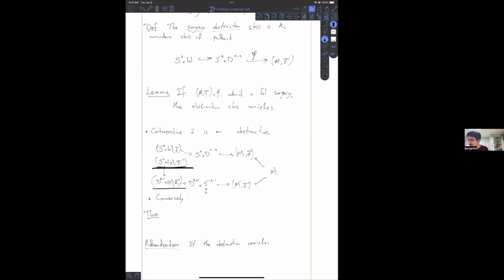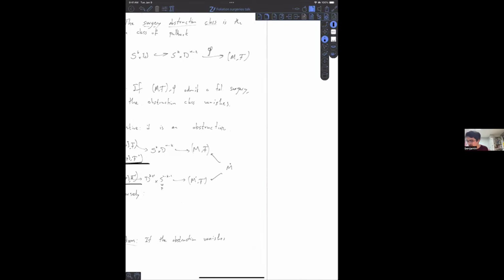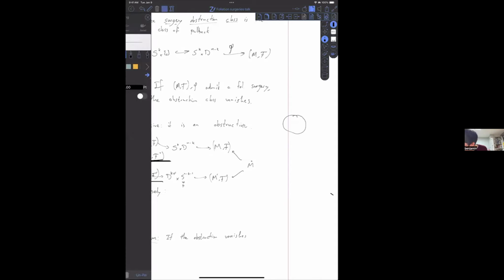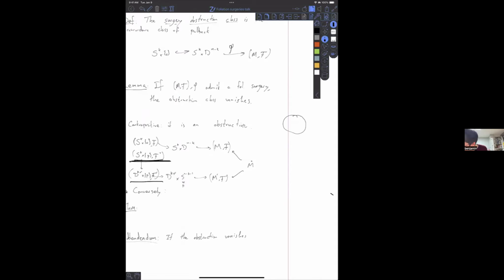It might have been better if I'd drawn a picture, so can I do it quickly? Here we're doing surgery on this sphere, and so we're cutting out this region. Here's some point P I choose, and so we also have this circle.